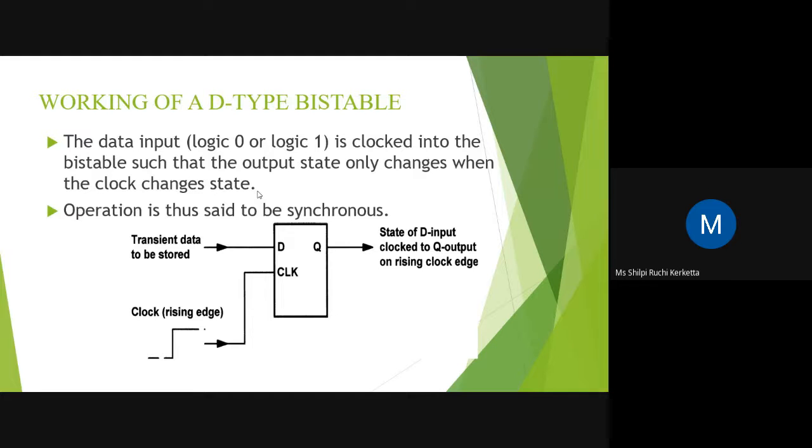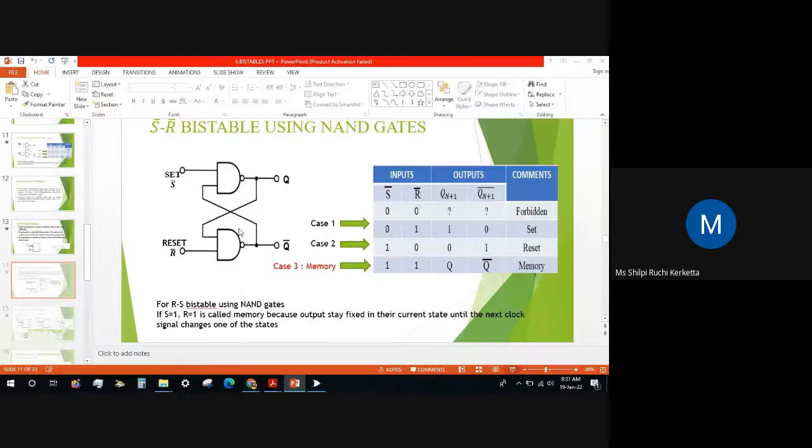Whenever we put a 1, only then will it change. So we will see how this D type bistable works.